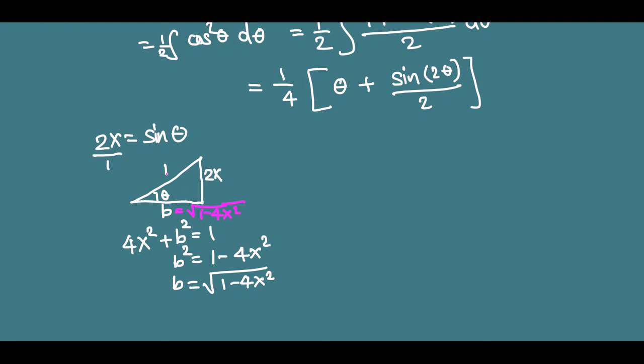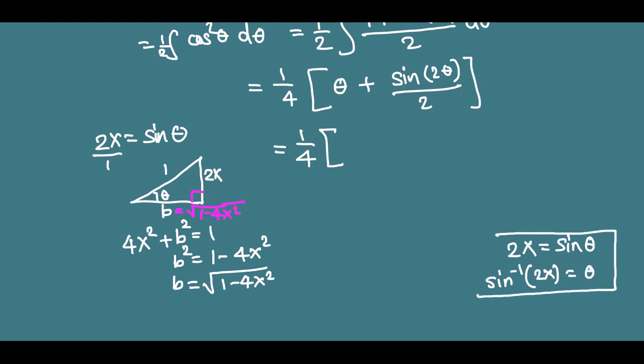Now we have all three sides of the right triangle, so we will be able to find any trig function. The final answer is then 1/4 of theta. Look here, 2x equals sine theta, so we can find theta as well: theta is sine inverse of 2x.